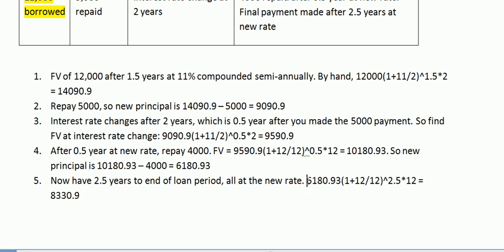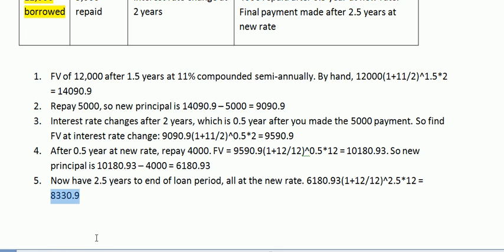So now here is our value that we computed before, 6180.93, now all at the new rate. 2.5 years times 12, that's n. So n is going to be 30. You can calculate that and check it yourself. And that gives us 8330.9, which is the amount that you would pay after 5 years.